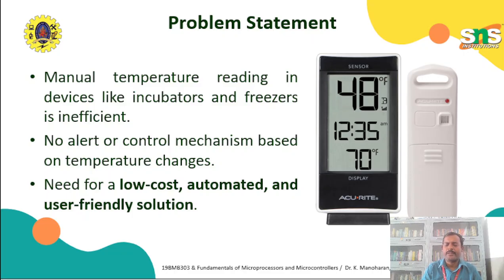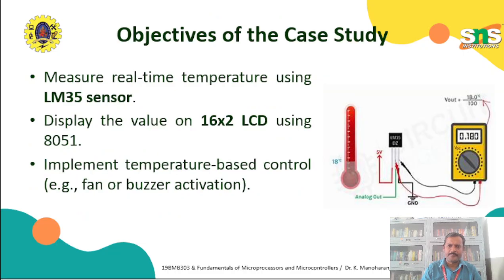That information can be given only to users. So we cannot include an alert or a control mechanism based on the temperature going higher than a particular threshold, or we need to have alarms. So our problem statement is we need to design a low cost, automated and user friendly solution for temperature measurements.